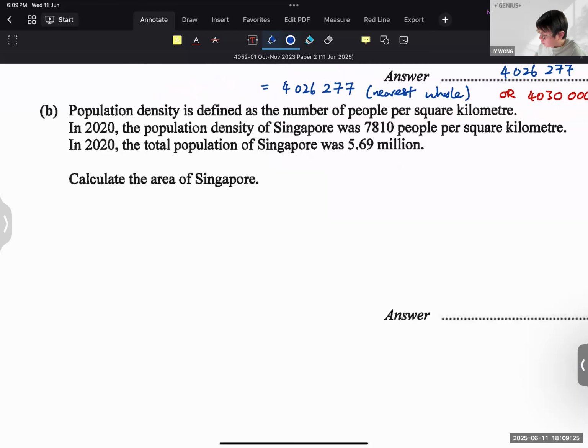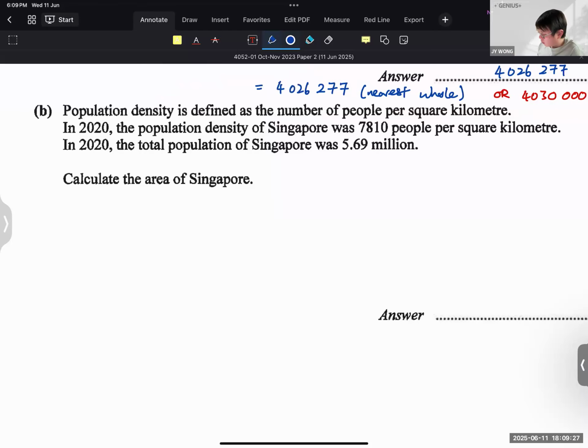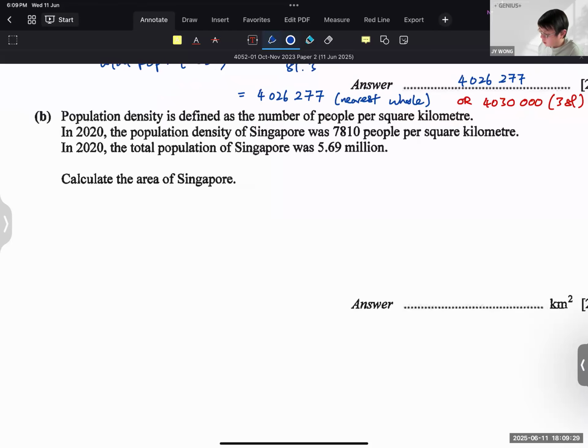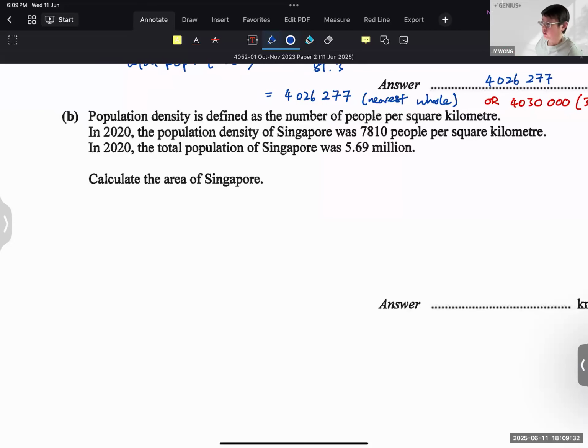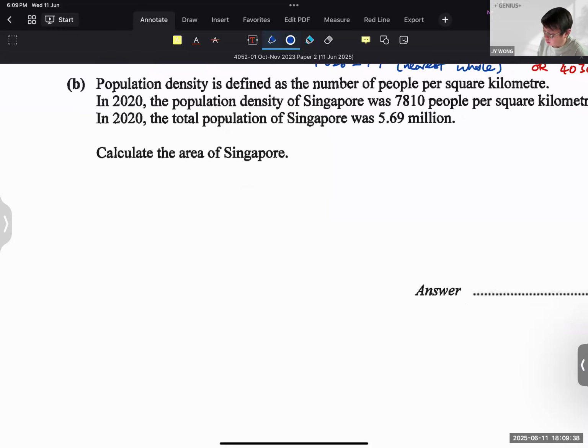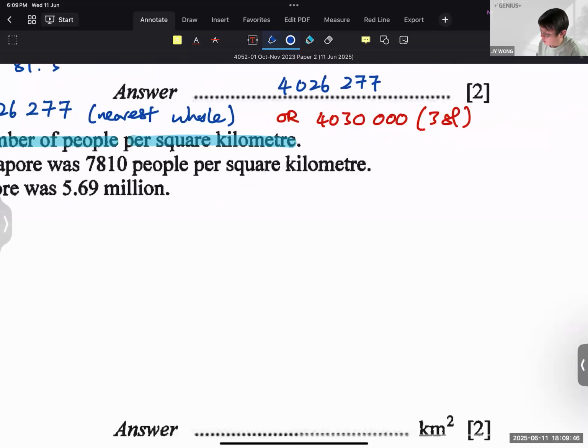Now, to calculate the area, if you take job, then you should know what's the formula for population density. The one got no excuse. If you don't take job, you look at what they gave you, right? They tell you that it's defined as the number of people per square kilometer. So what does it mean? The unit here is people per km square.